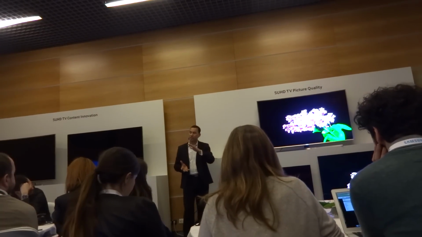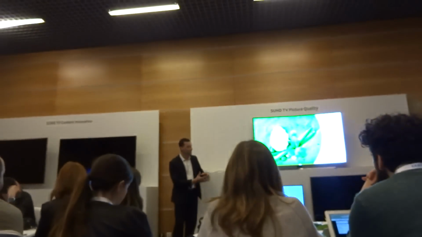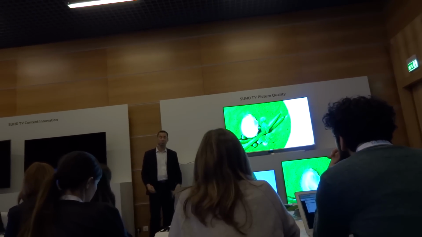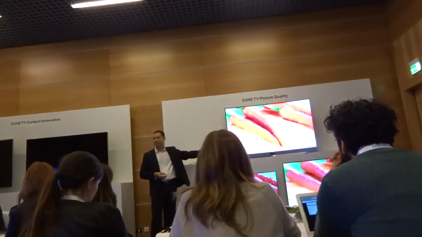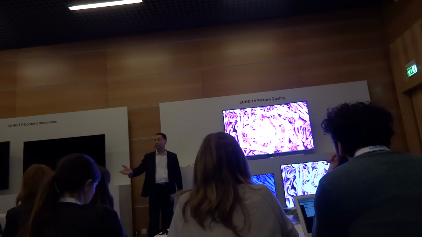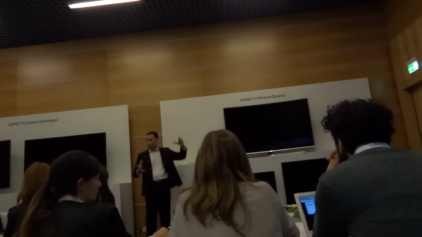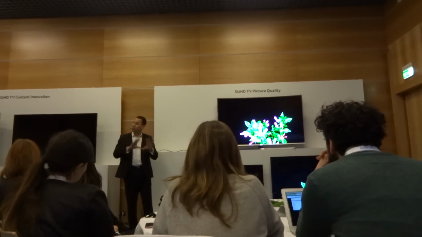The native condition supports this DCI-P3, so that's why you've got this expansion. But maybe some of you are wondering, what if I don't want to watch in this condition? Do I have a choice? Yes, you have a choice. You can change to auto, and that will correctly match with 709. So your color space will be corrected to match 709. So you've got a choice.